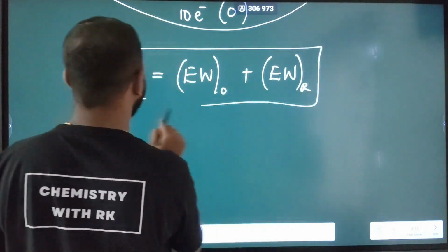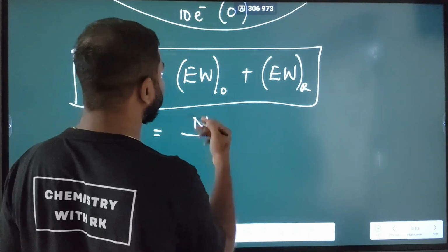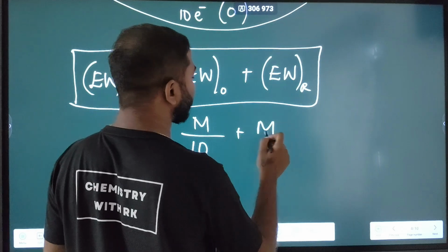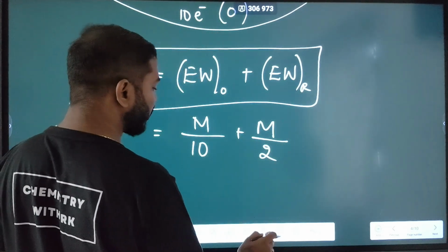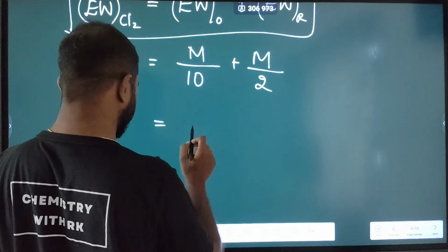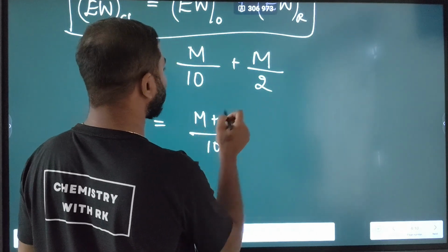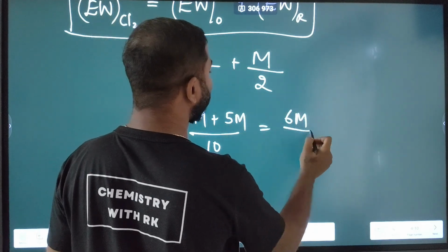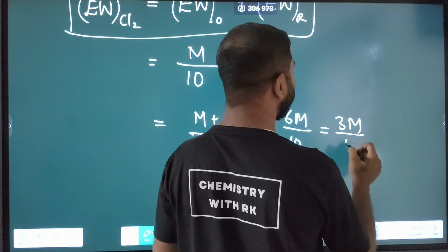Already we have the number of electrons. So let us take the molecular weight as m, and in the oxidation reaction it is 10 electrons, and in the reduction reaction it is 2 electrons. If you just calculate this, the LCM will be 10, and then m plus 5m, that is 6m by 10, which will give us 3m by 5.